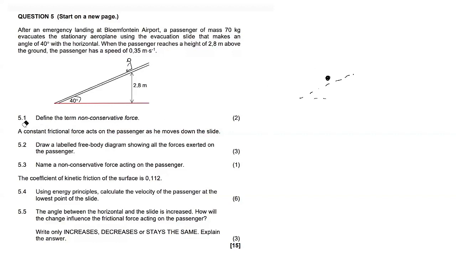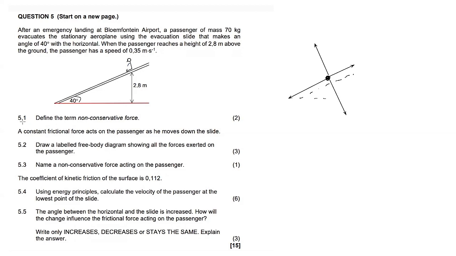So we have first the normal force, going up there. And then we have our FG perpendicular. Then we will have our FG parallel. Then up here, we will have our frictional force.